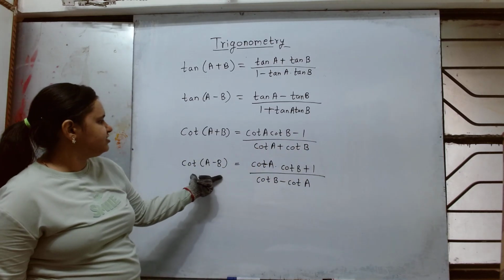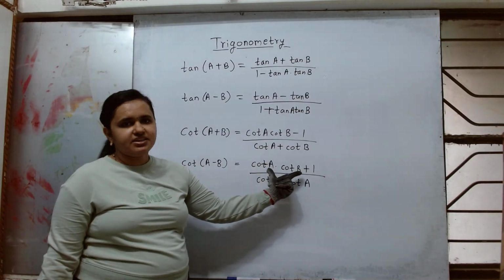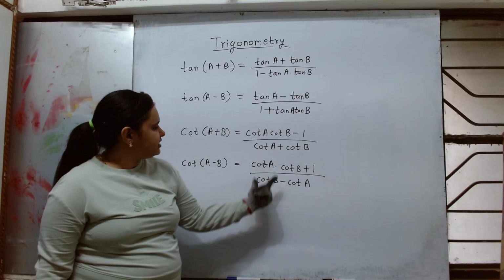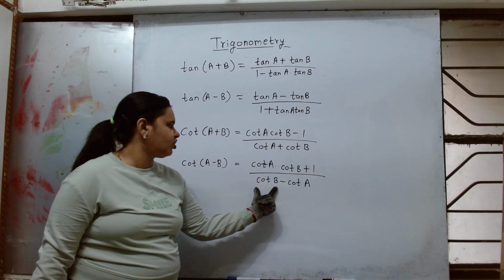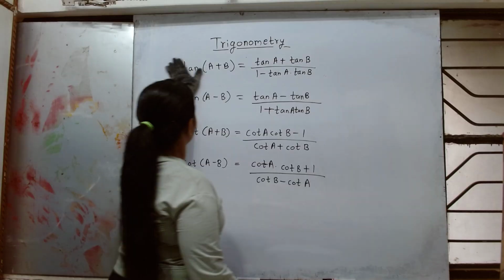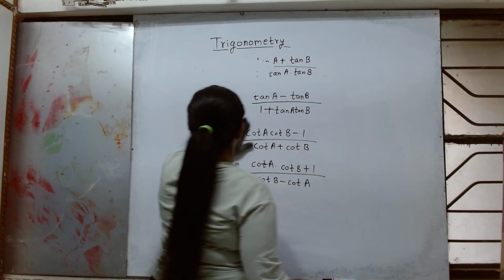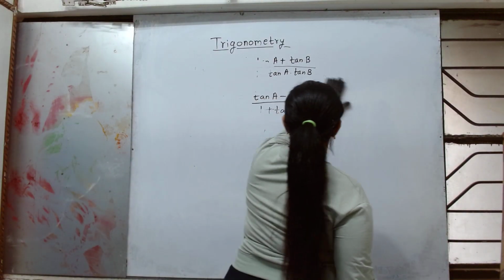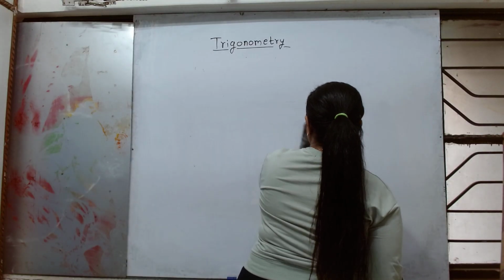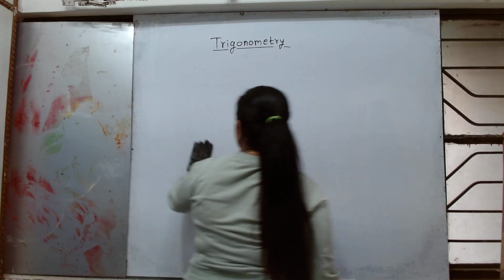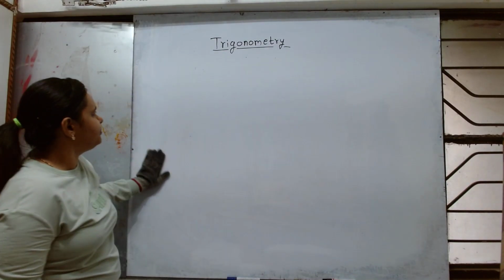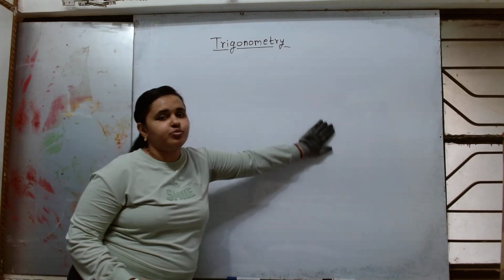For cot a minus b, the numerator is the same, cot a cot b plus 1 upon, and here for minus, it is first cot b minus cot a. You can again watch the video on YouTube and note all the formulas.